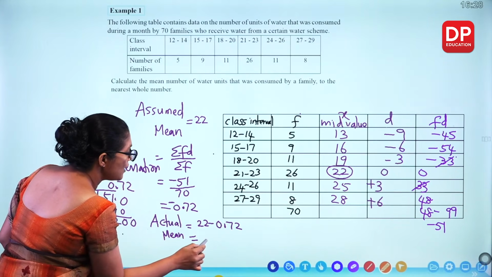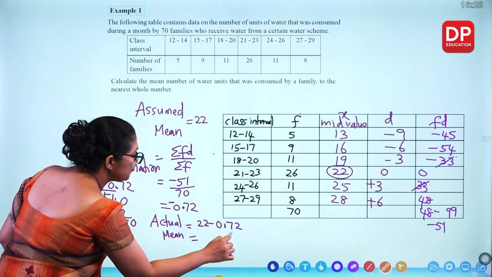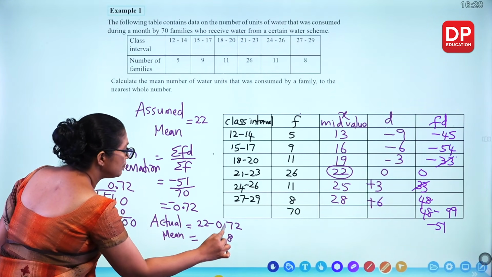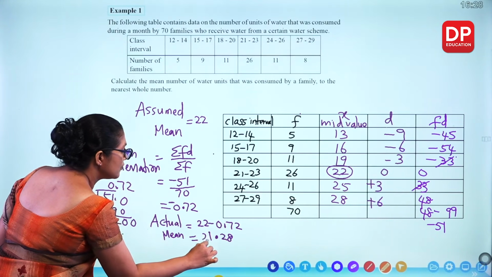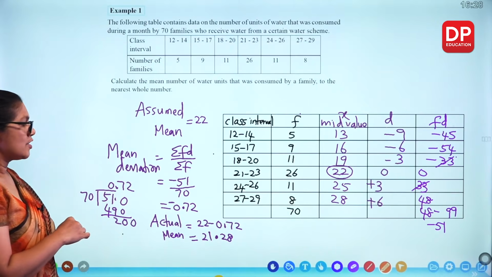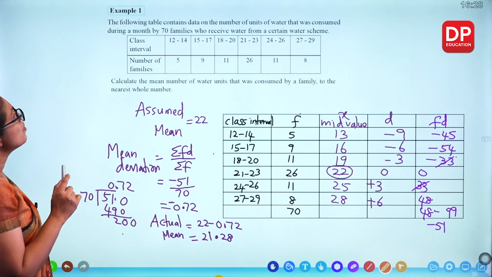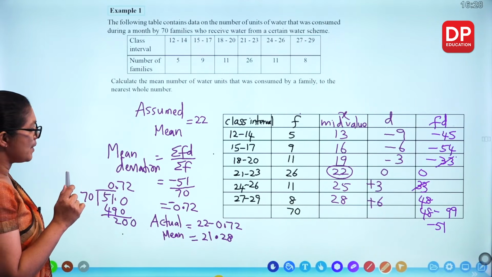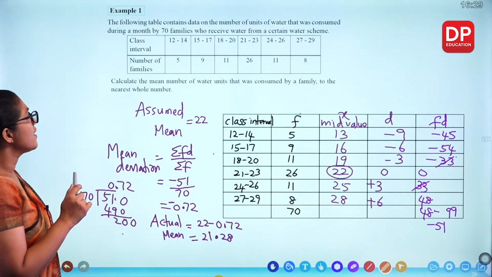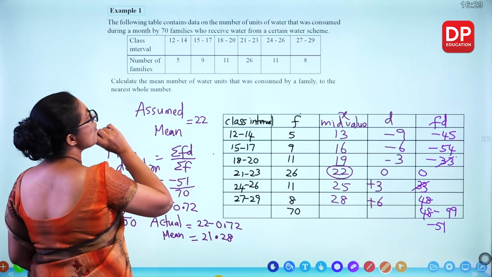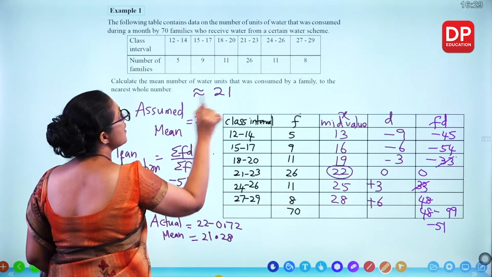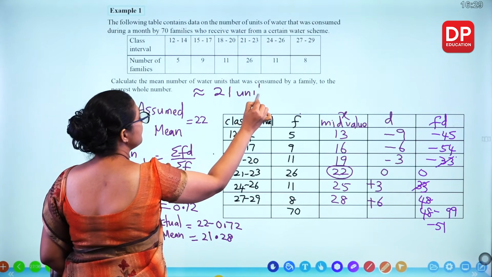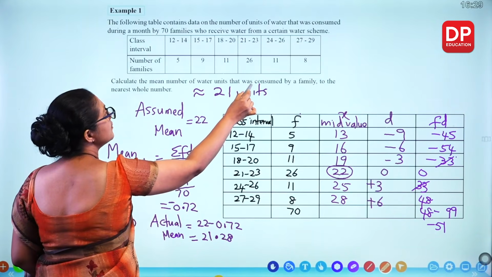What's the value when you subtract? 21.28. Correct to nearest whole number, that's 21. So what's the calculated number of water units? Roughly 21 units to the nearest number.